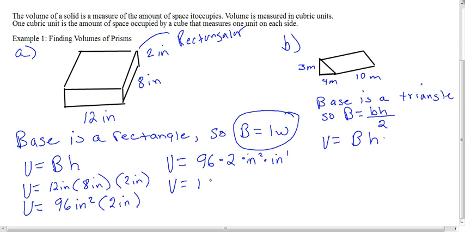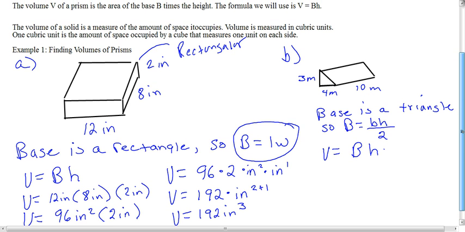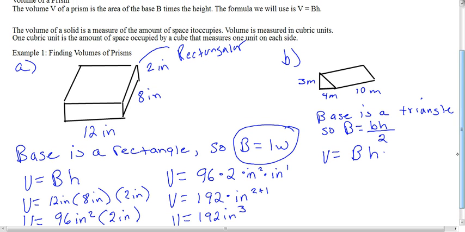That's going to be 192, and then it's going to be times inches to the 2 plus 1. Okay, if that makes sense. And then volume will be 192 inches to the third power, or inches cubed. Okay, so really unique, but again, I want to make sure that I show you where that inch to the third power comes from as well.